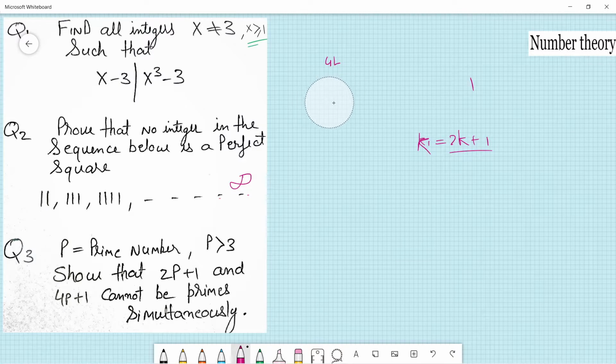So from here we know all square numbers are of the form 4k or 4k plus 1. This much we know from our previous video.